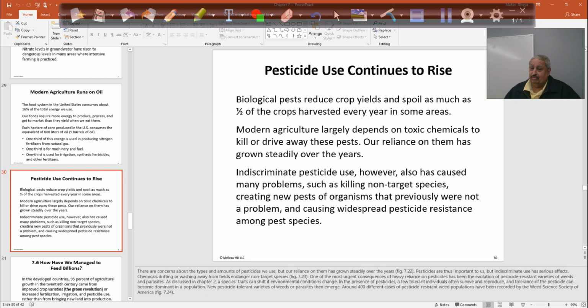So whenever you are overusing those chemicals, you might kill those good bacteria, and some of the organisms might even develop resistance to those chemicals, and then it will be very hard to get them out of the soil.